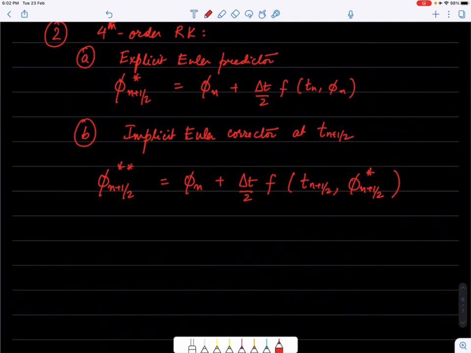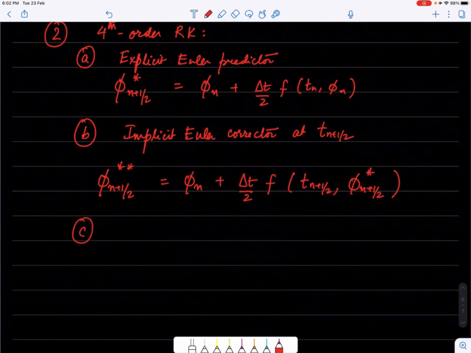So we correct the value. Now this is implicit corrector I am saying because, to get the corrected value, we are using data at the same time step. So this is Tn plus half, so that is why it's called implicit Euler.